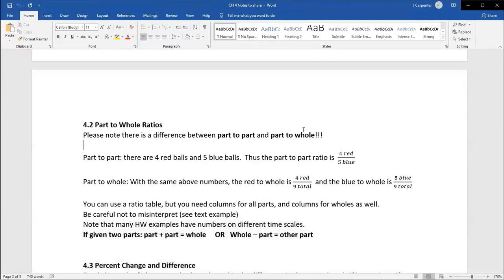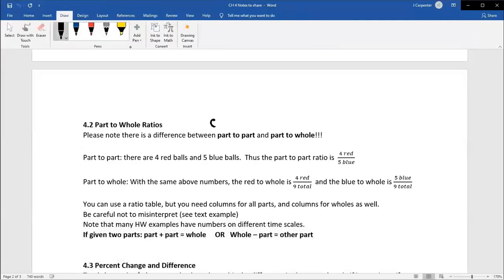And that would be a part-to-part because I'd be comparing the people who can to the people who can't. Part-to-whole would be comparing the people who can to everyone. So again, this would be can to can't for a part-to-part, but the people who can to all people would be part-to-whole. Now, again, I don't necessarily mean every person in the world, just maybe every person in a group that's specified.